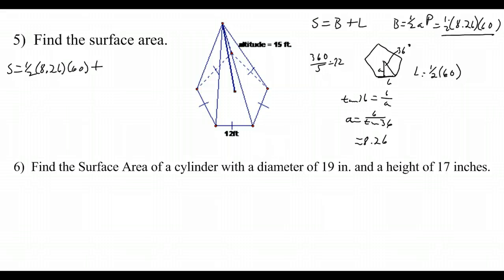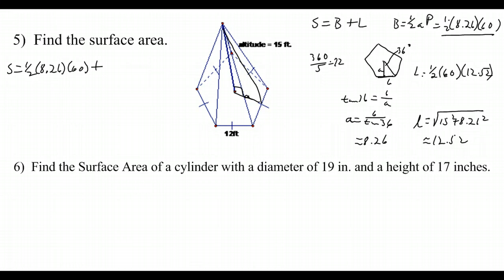Well, my slant height is down to here, with this being a right triangle, so I know that the altitude is 15, and this is the apothem, this is the altitude, so little l, or the slant height, is equal to the square root of 15 squared plus 8.26 squared, which is approximately 12.52.